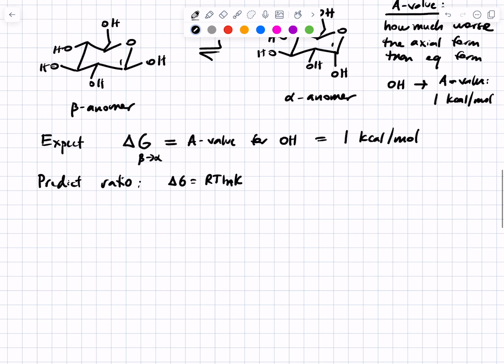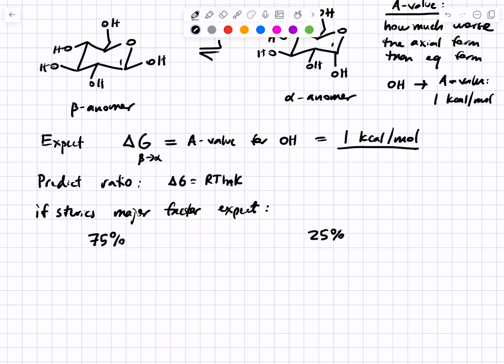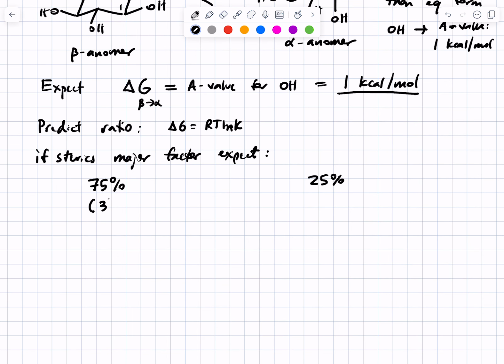But we expect, if sterics is the only thing that's going on here, if sterics is the major factor, a ratio of about 75% beta and 25% alpha. Or in other words, 3 to 1.